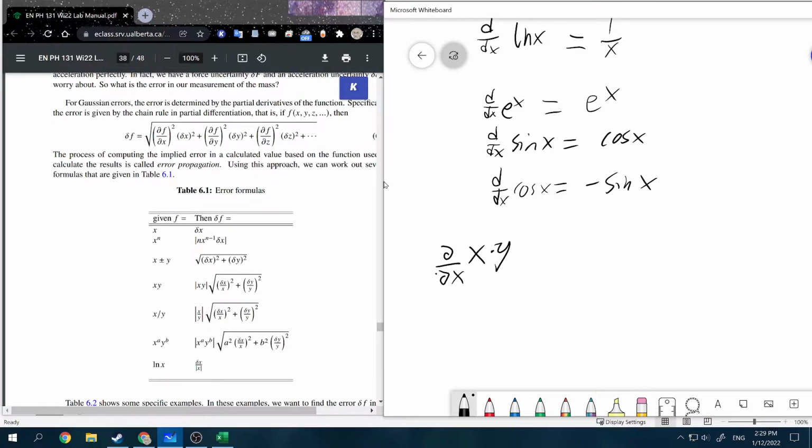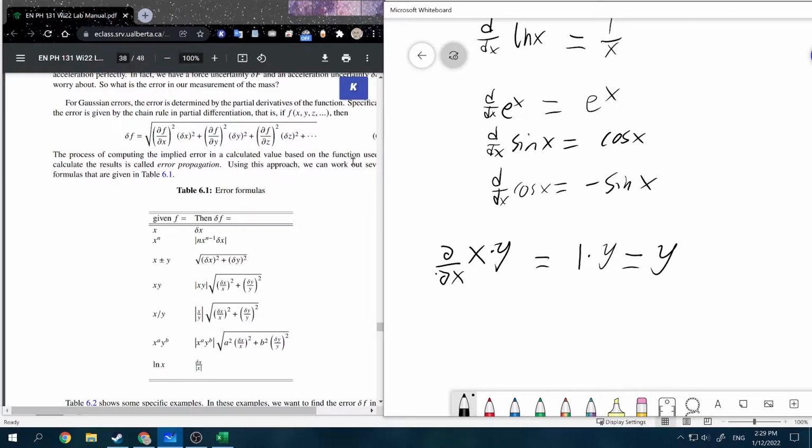This y is just a constant. If you don't have this y, then the derivative with respect to x is just 1. It's 1 times y, which is equal to y.